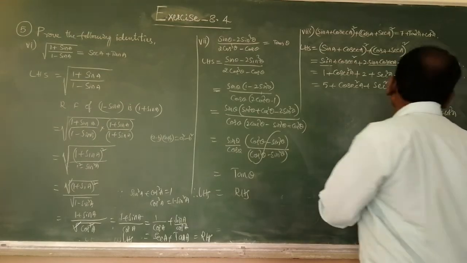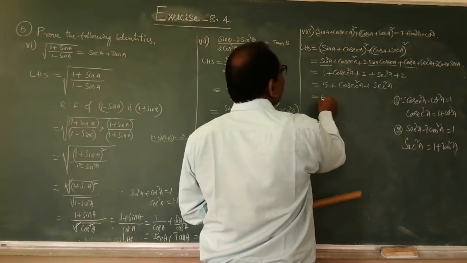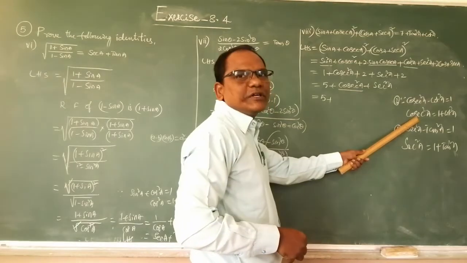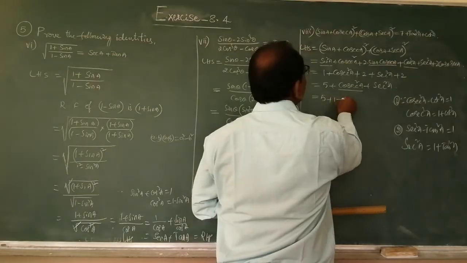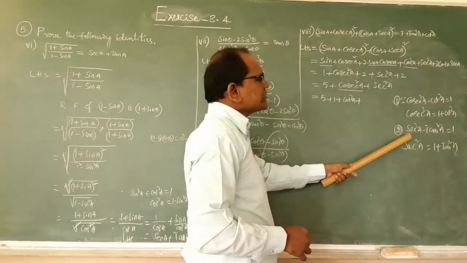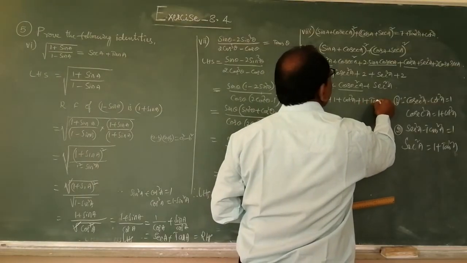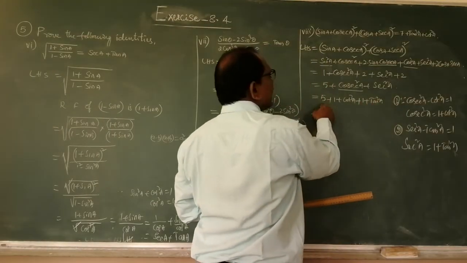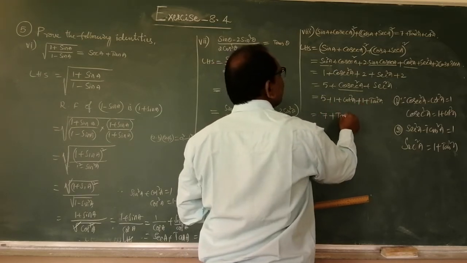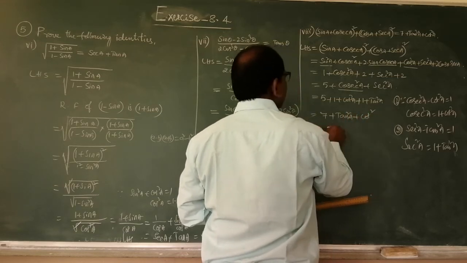So instead of cosecant and secant I am going to change them now. Therefore I am writing 5 plus the cosecant value from identity 3. This cosecant square A means 1 plus cot square A, plus secant square A, from identity 2, 1 plus tan square A. Therefore 5 plus 1, 6, 6 plus 1, 7. 7 plus tan square A plus cot square A equals RHS.